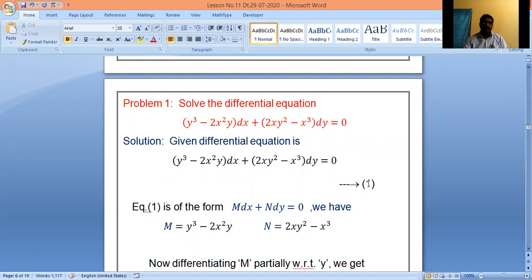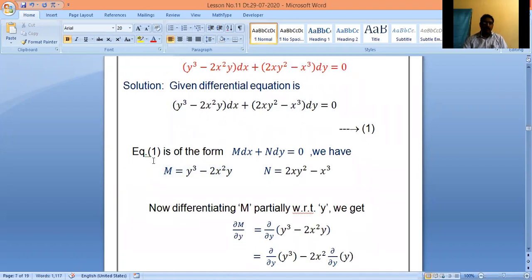Let this equation be 1. Equation 1 is of the form m dx plus n dy is equal to 0. We have m is equal to y cube minus 2x square y and n is equal to 2xy square minus x cube.